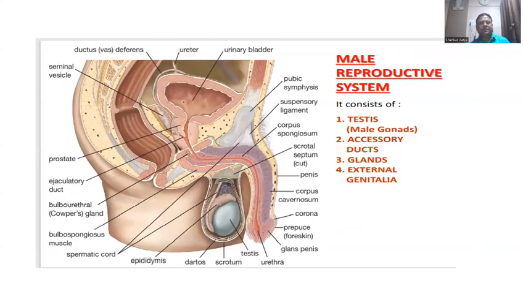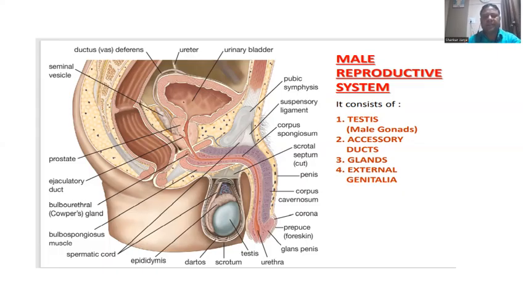This is the lateral view. This is the scrotum. Scrotum is made up of two kinds of muscle, which are smooth ones, that is the cremaster muscle and dartos tunic.